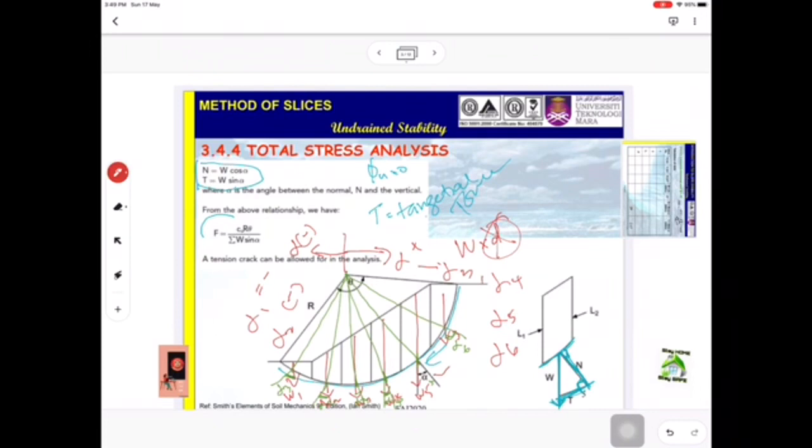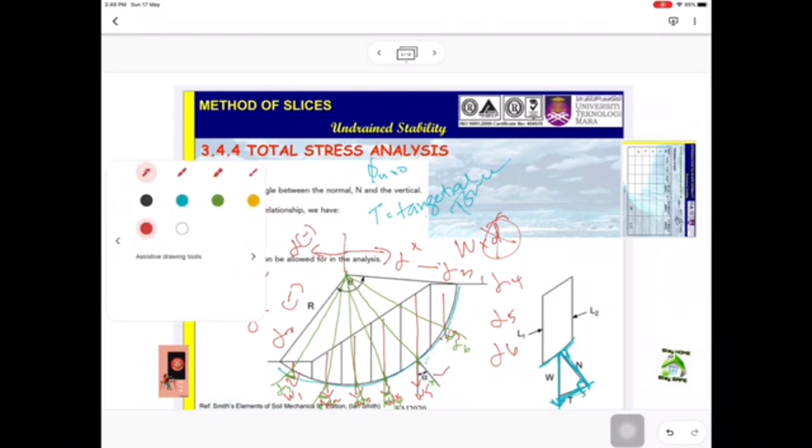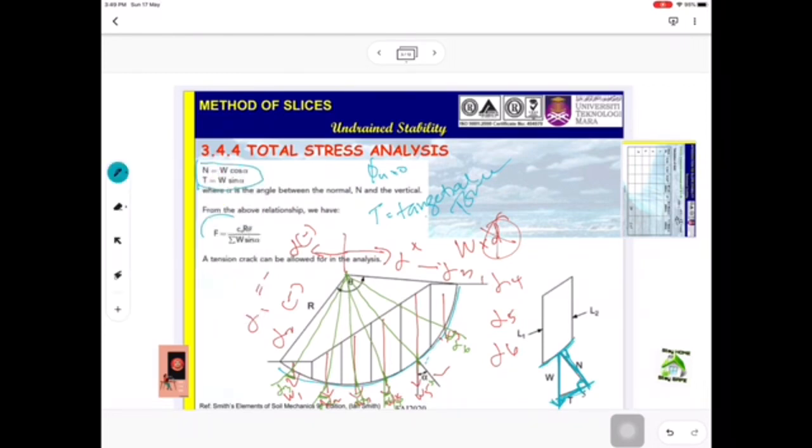Let me show you the difference. The mistake that student did here, so they measure this.